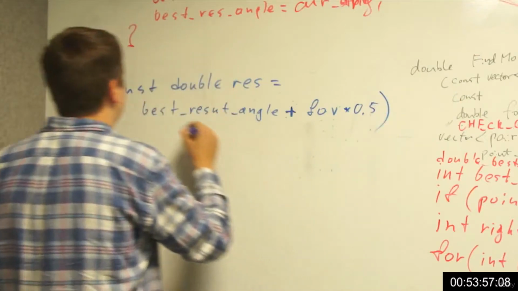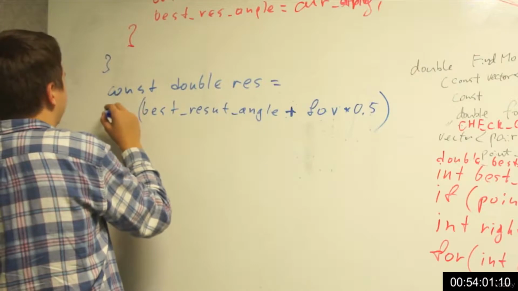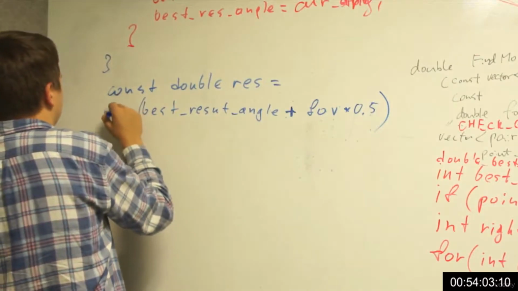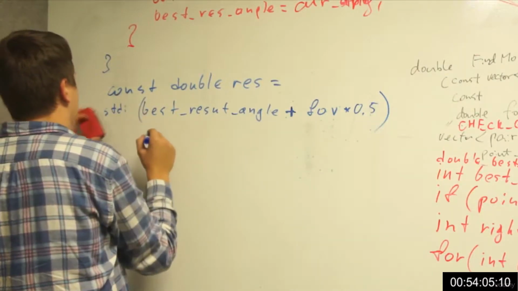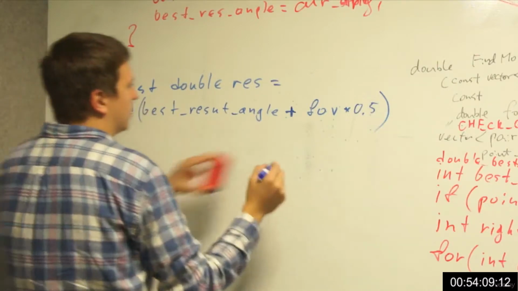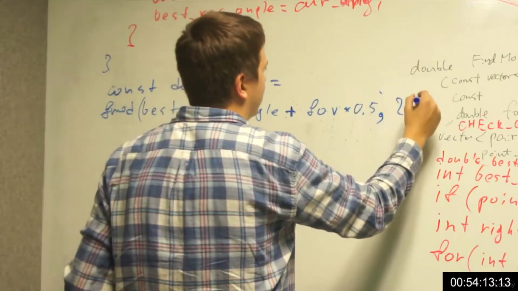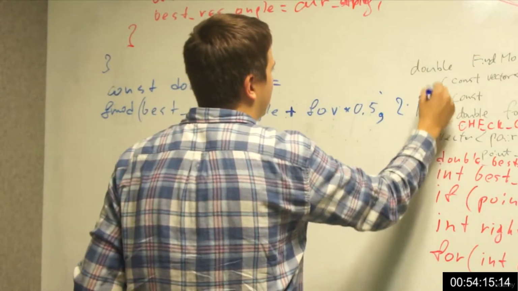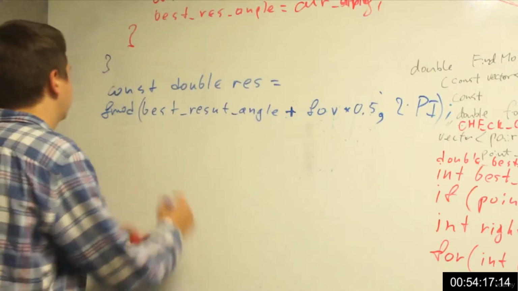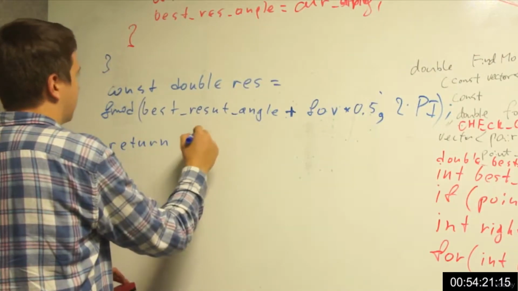And we need to take a modulo of this one, std::fmod by 2 pi. Okay, and return a result.